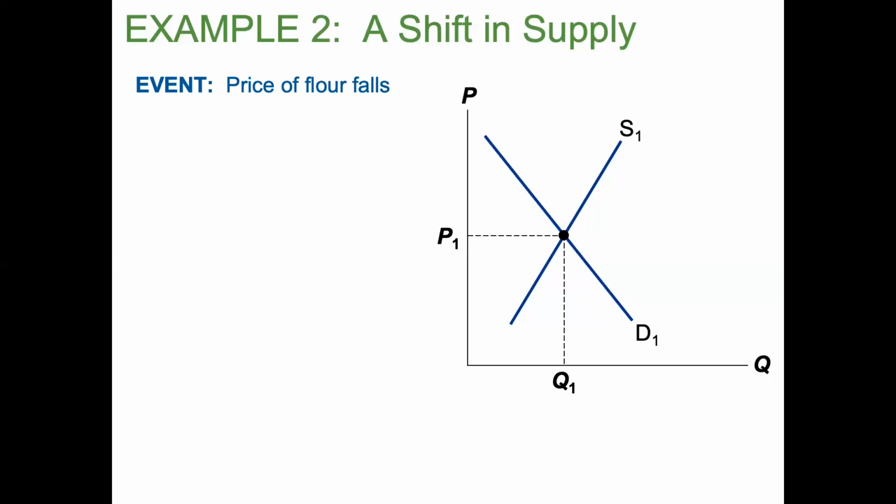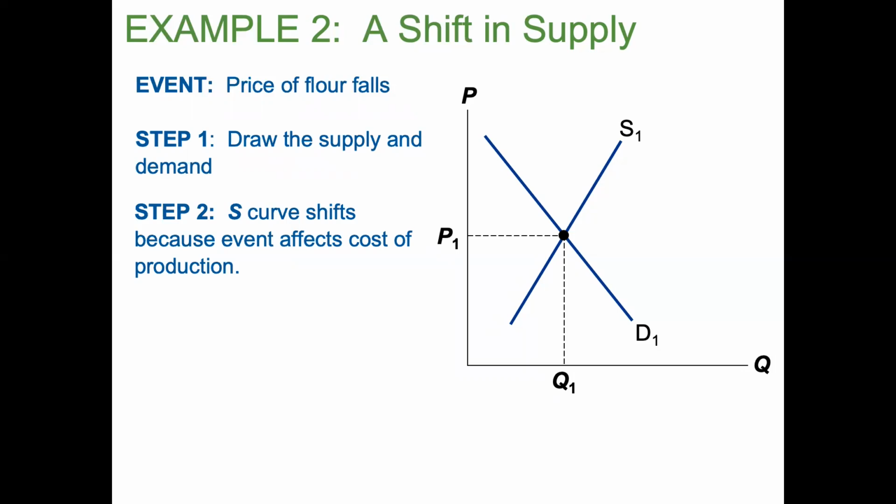Suppose the price of flour falls. Flour is an input to making pizza. Step 1, we draw the supply and demand. Step 2, decide whether the event affects the supply or demand. Supply curve shifts because the event affects the cost of production. It does not affect the demand curve because input price is not one of the factors that affect demand.